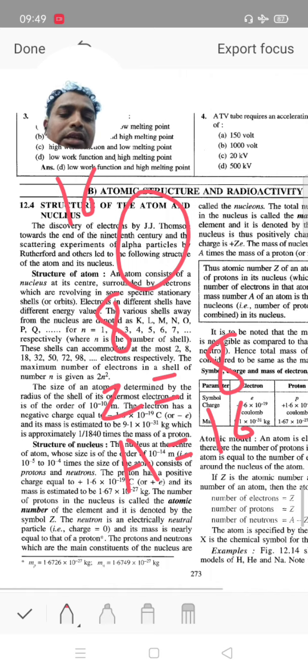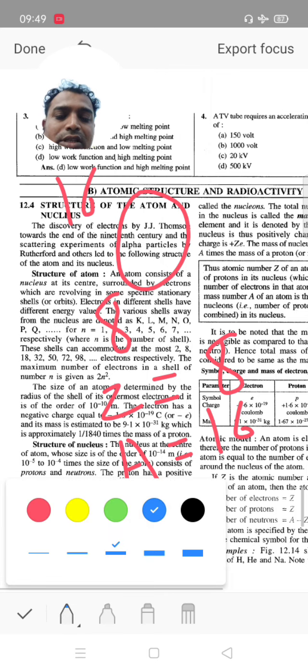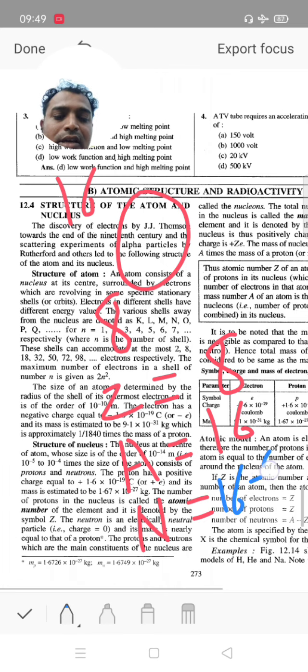Now 16 minus 8 gives the number of neutrons: 16 minus 8 is equal to 8 neutrons. So the nucleus of oxygen contains 8 neutrons and 8 protons, and the mass number is 16.